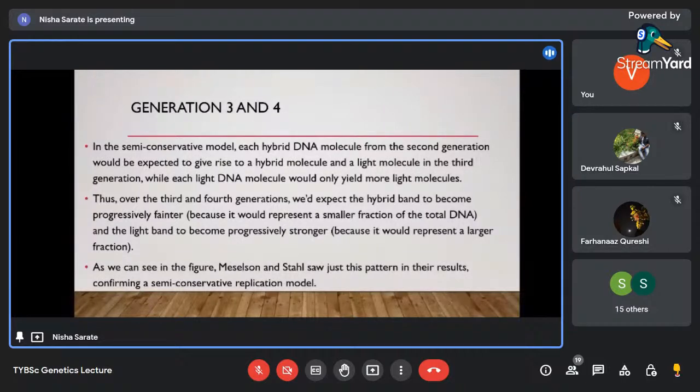Thus, over the third and fourth generation, we expect the hybrid band to become progressively fainter, because it would represent a smaller fraction of the total DNA, and the light band to become progressively stronger, because it would represent a larger fraction. As we can see in the figure, Meselson and Stahl saw just this pattern in their result, confirming the semi-conservative replication model.